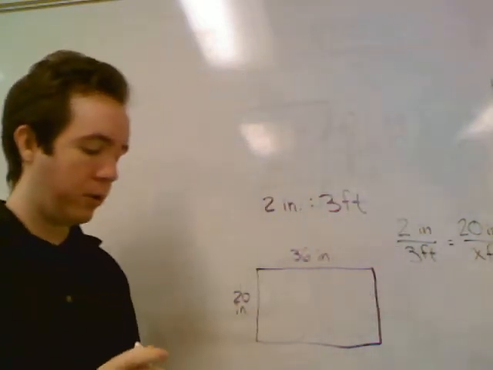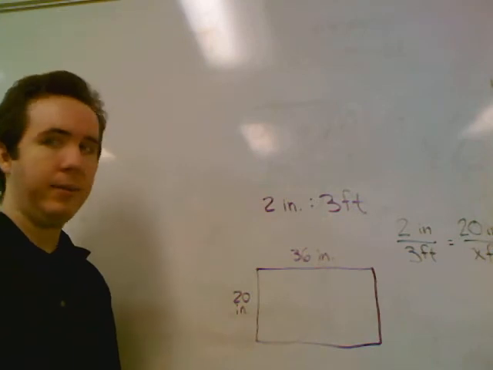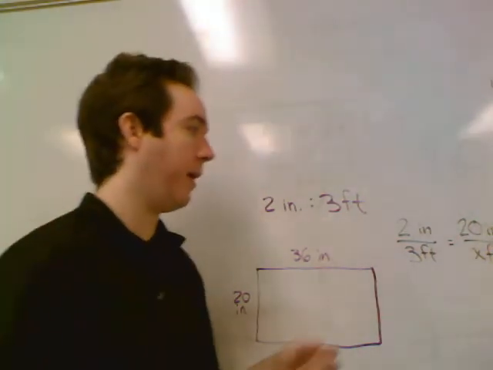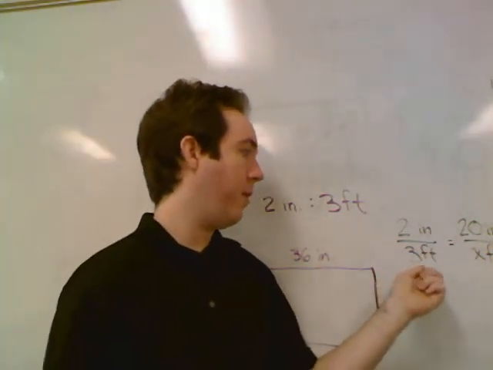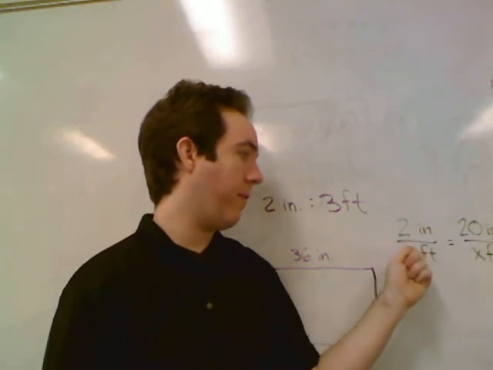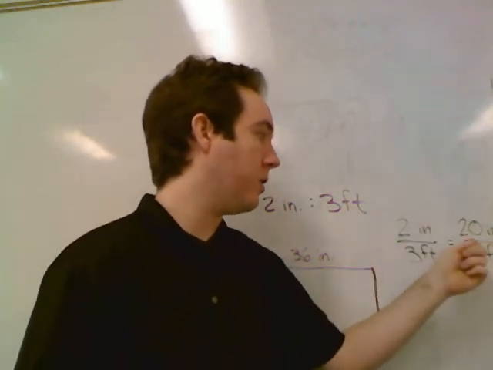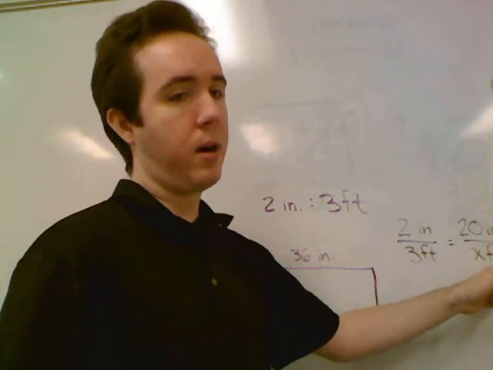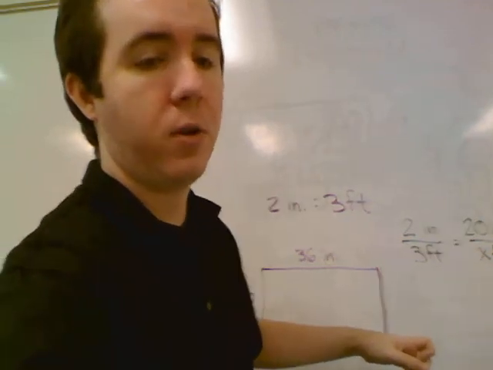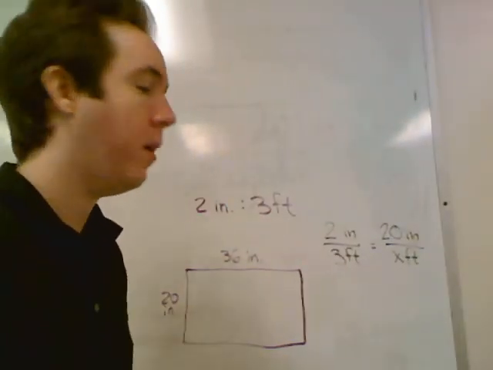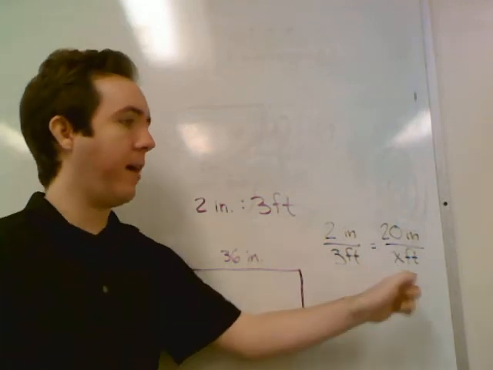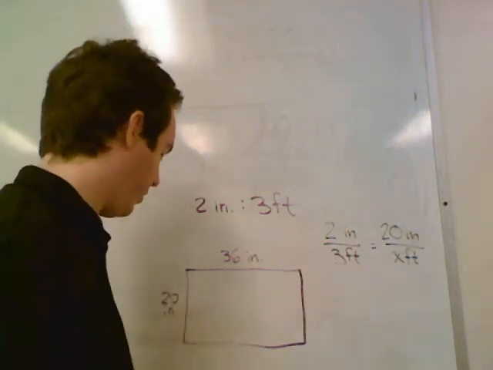And here's how I want you to do almost all of these. When we have 2 inches for every 3 feet, and 20 inches, we want to find what's in our denominator, okay?